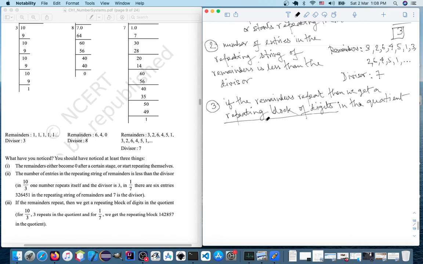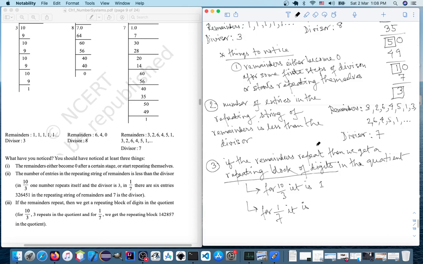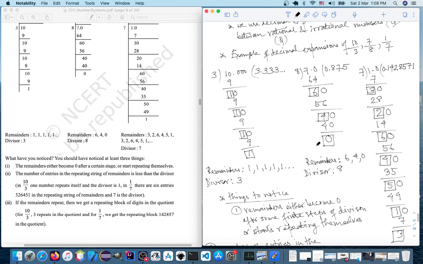To have better clarity, for the repeating block of digits in our examples: for 10 by 3 it is 3, and for 1 by 7 it is 142857.